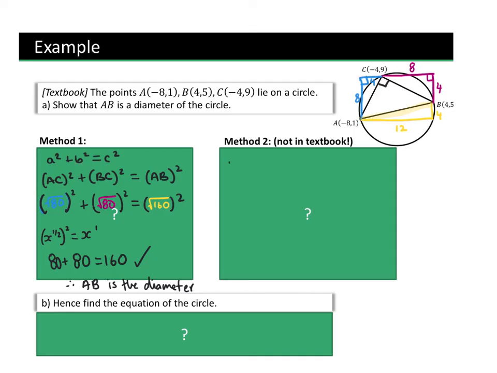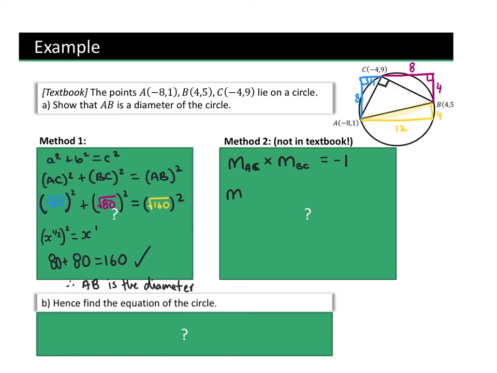So essentially, the gradient of AB multiplied by the gradient of BC should equal -1. Why? Because if two gradients meet at a right angle, perpendicular, the gradients multiplied by each other will give me -1.